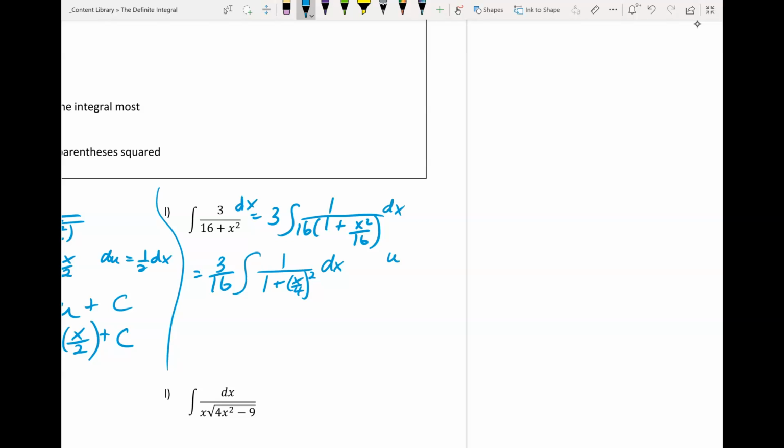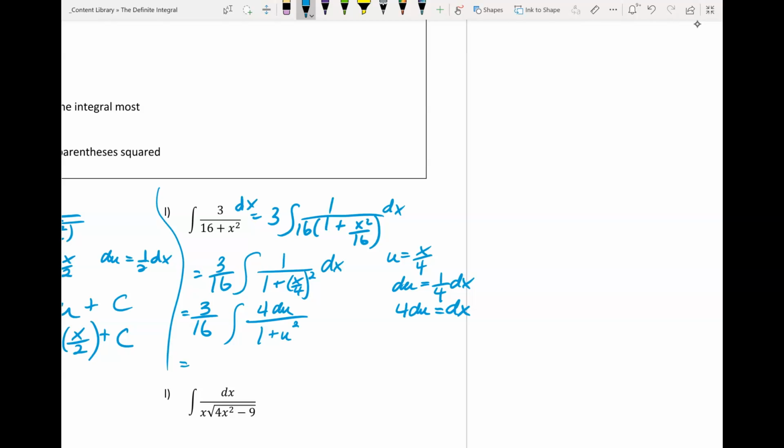So I'm going to let u be x over 4. Then du is going to be a quarter dx, or in other words, 4 du is equal to dx. Now I'm going to do some replacing. I'm going to replace dx with 4 du and the x over 4 as u.